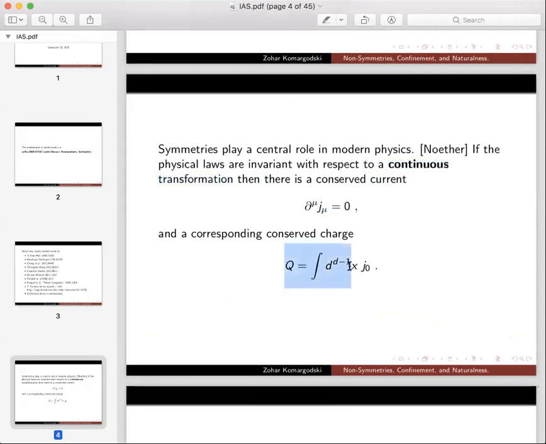Associated to this conserved current, there is a corresponding conserved charge. The claim to fame of this conserved charge is that it's independent of the slice over which you integrate J naught. You can integrate over any space-like slice, and the dependence on this slice drops out because of the conservation.